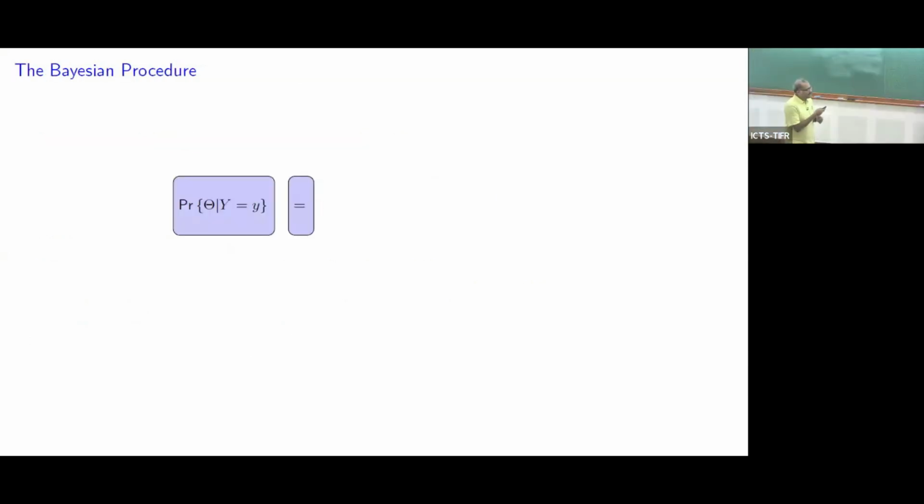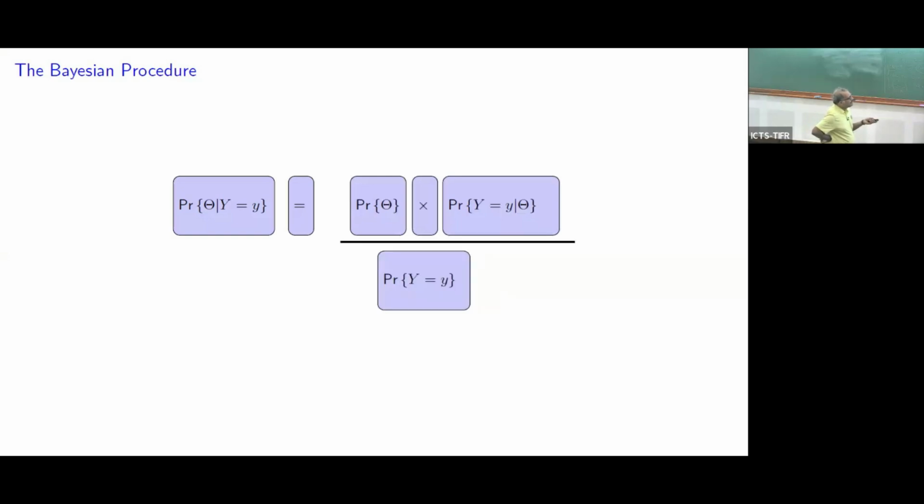Okay, so this is just a diagram to reinforce the steps that we have. What we actually want to find is this. This is the revised belief, which is called the posterior. So what Bayes rule tells us is this. And in Bayesian inference, the usual terminology for these quantities is like this.